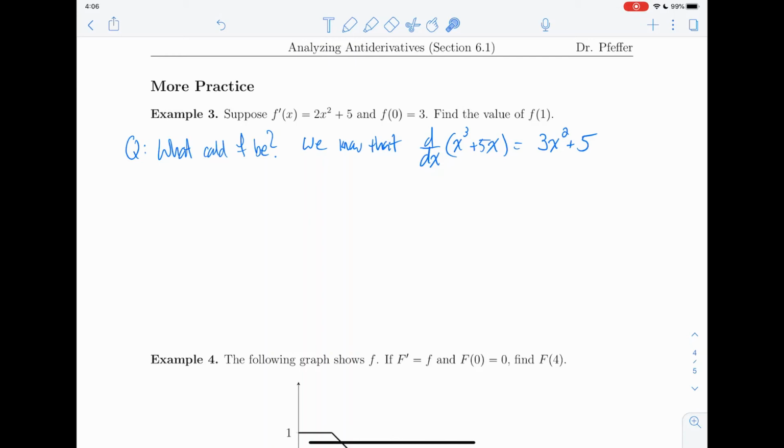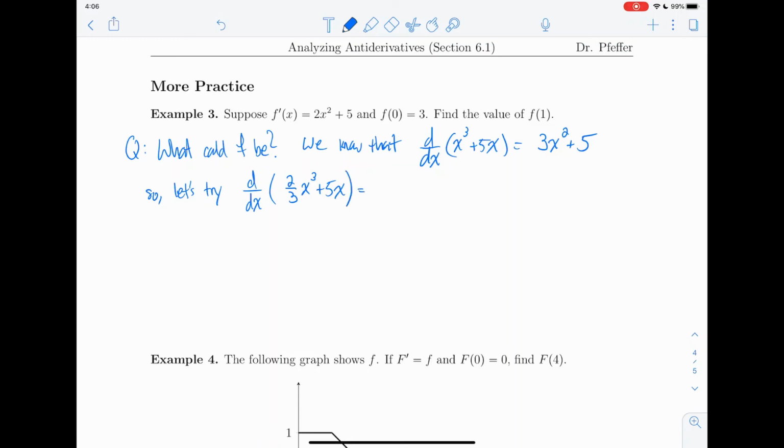We can introduce some sort of a constant. So let's try something like, let's differentiate maybe 2/3 x cubed plus 5x.